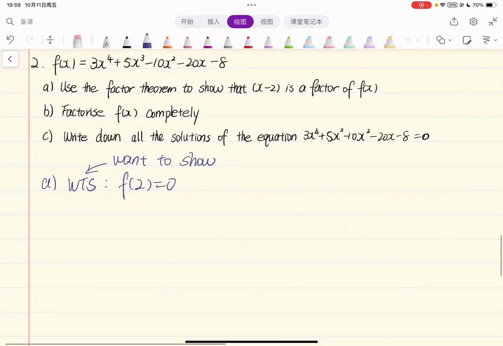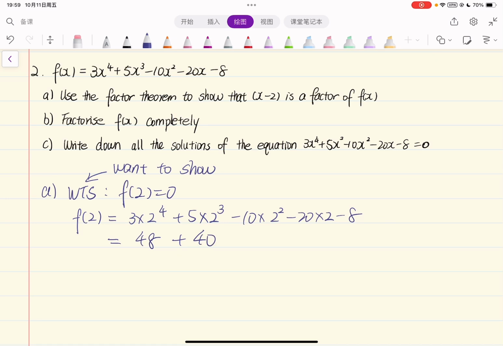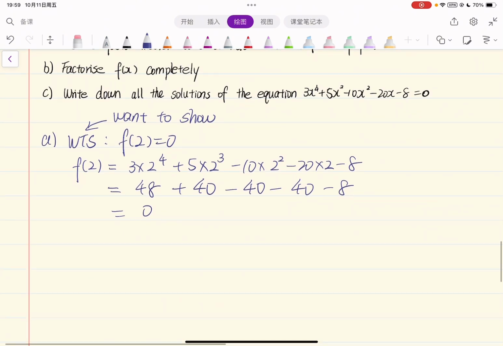So we substitute 2 into the function. We have 3 times 2 to the power 4 plus 5 times 2 cubed minus 10 times 2 squared minus 20 times 2 minus 8. We have 48 plus 40 minus 40 minus 40 minus 8. We get 0. So x minus 2 is a factor of f(x), since f(2) equals 0.